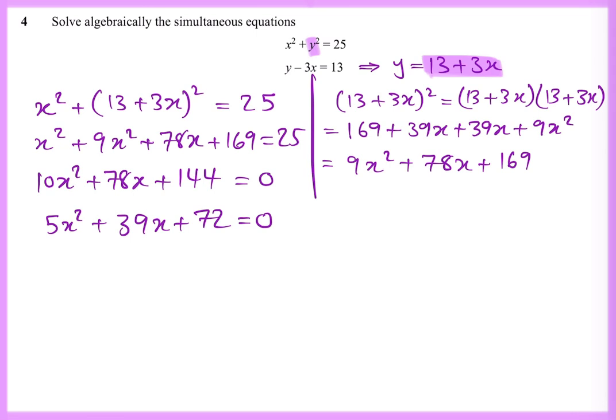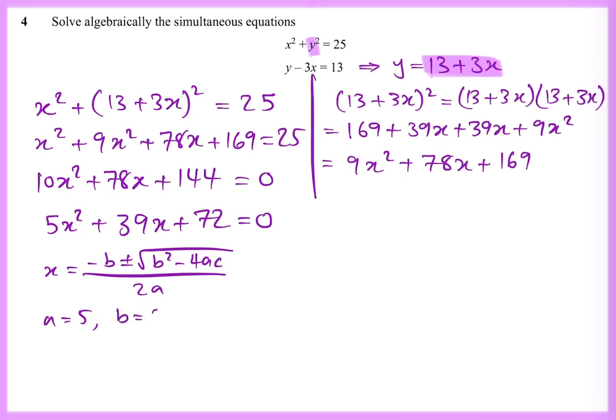You can try and factorize that, but the best way I'd say to go about it is using the quadratic formula. So x is equal to, which is provided in your formula booklet, negative b plus or minus the square root of b squared minus 4ac over 2a. So the a coefficient is 5, b equals 39, and c equals 72 in this case.